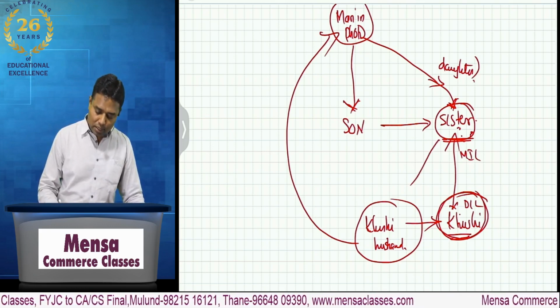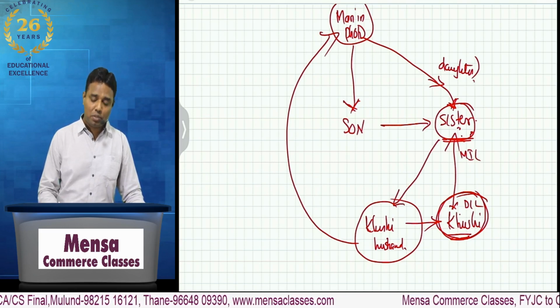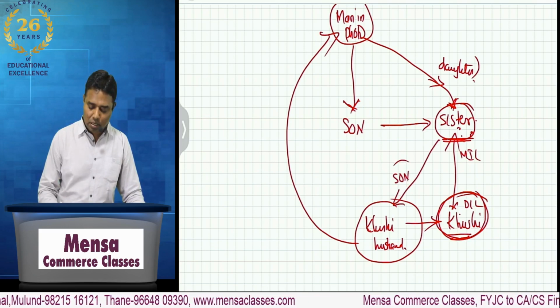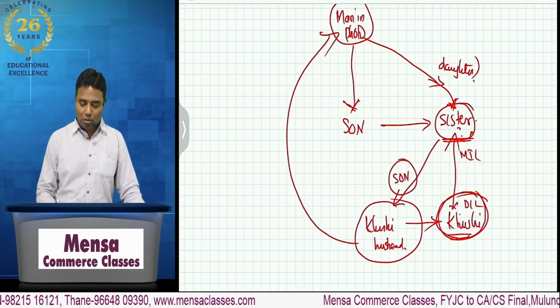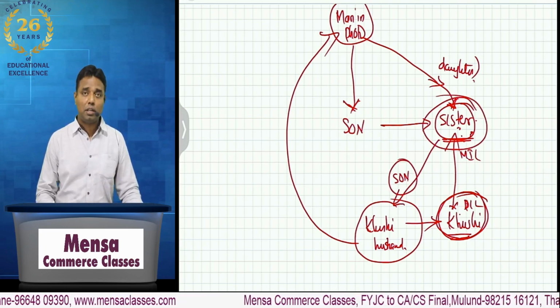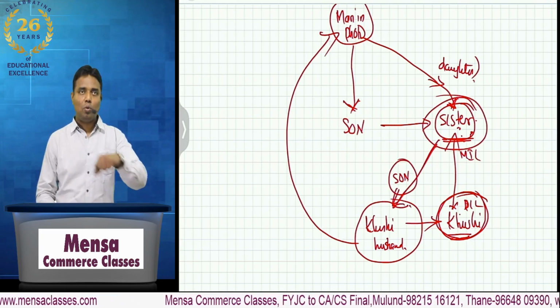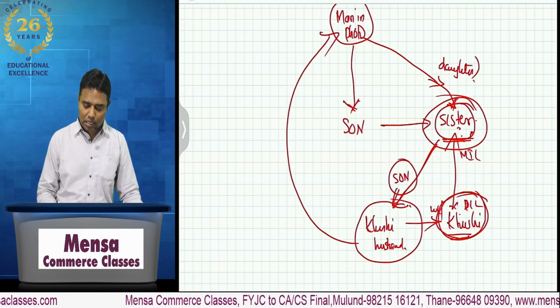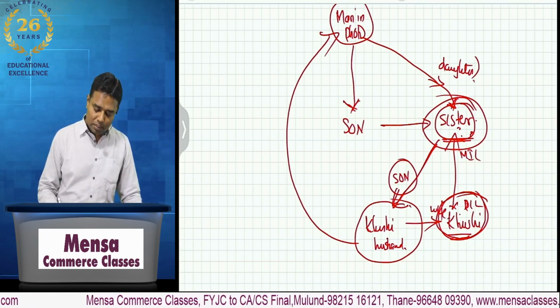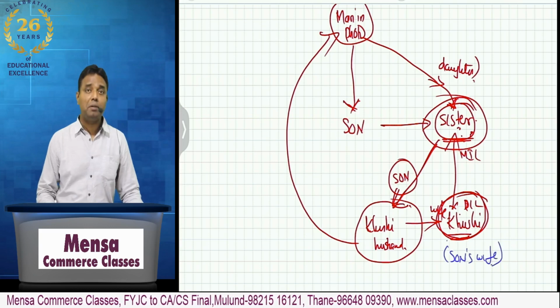So obviously this boy, Khushi's husband, how is he connected to this? This must be the son of that person, no? Because she is a daughter-in-law, so whom will that sister call a daughter-in-law? Obviously, her son's wife. Son's wife will be Khushi.